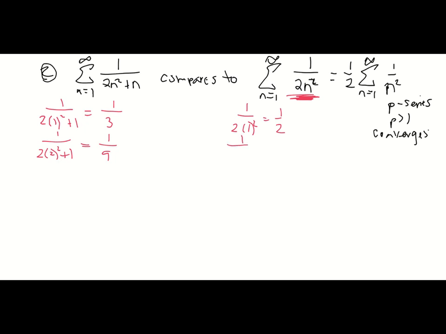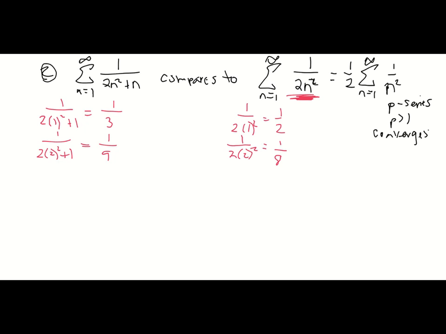Then for our other series, 1 over 2 times 2 squared would equal 1 over 2 squared is 4 times 2 is 8. Keep in mind, a smaller denominator on a fraction means the overall value of the fraction is greater. 1/2 is bigger than 1/3. And 1/8 is bigger than 1/9.